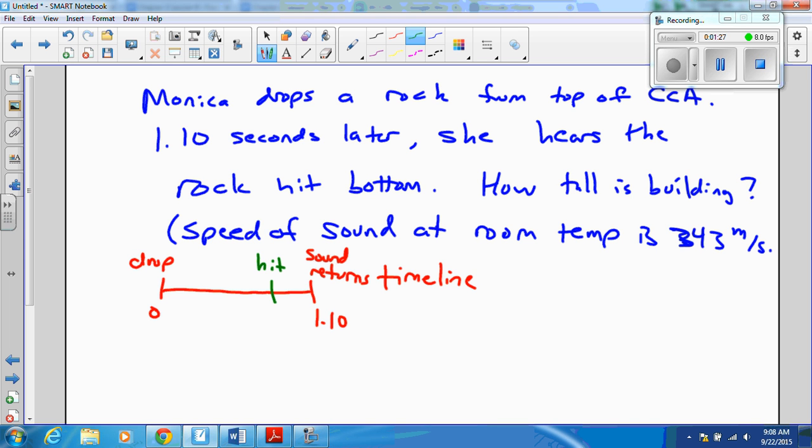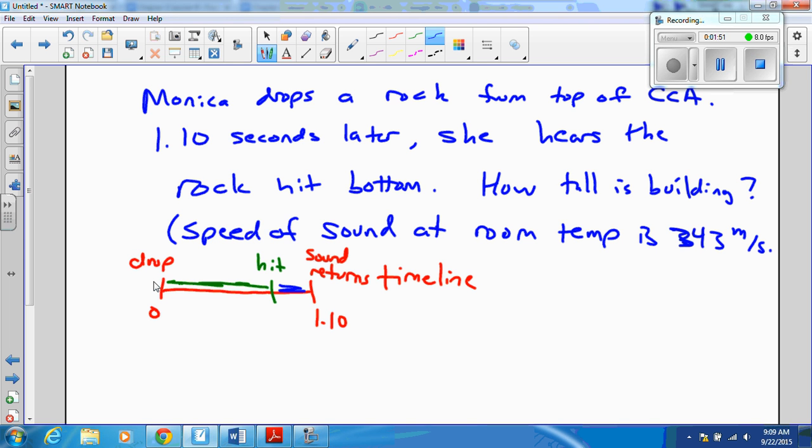Now, why did I draw the hit over on this side? Right, because the sound goes pretty fast, right? But the actual drop, this is the duration while the ball is dropping right here. And this is the duration while the sound is coming back. So actually I've exaggerated. The hit is really very close to here.